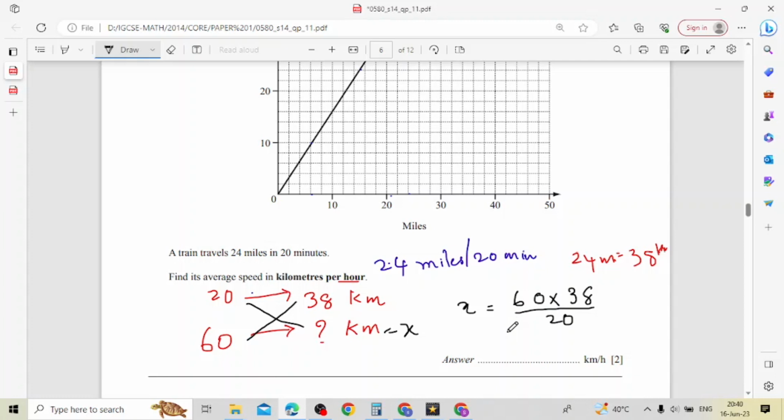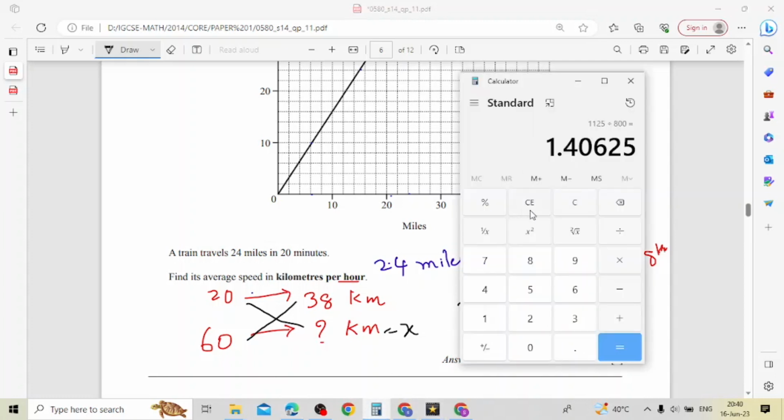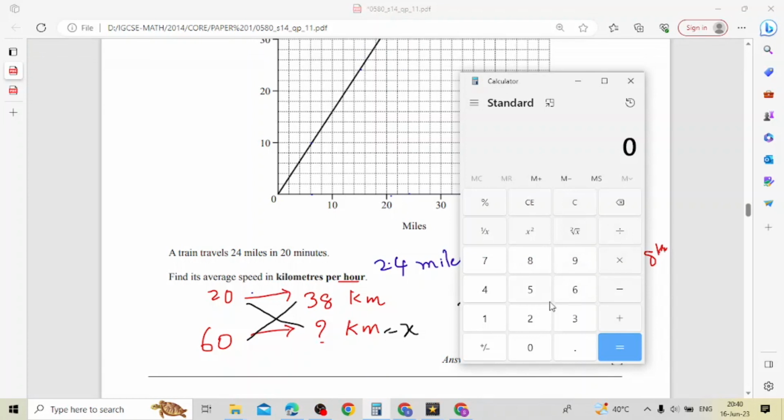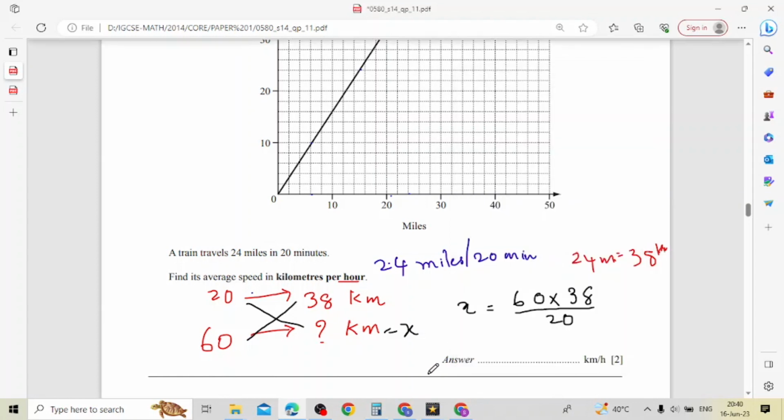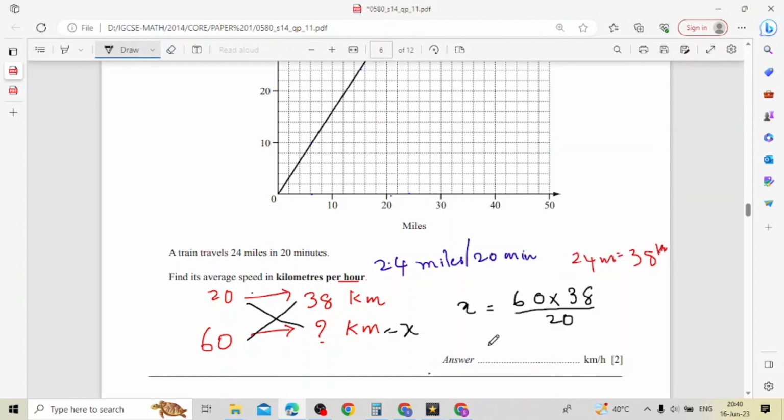If you try to solve it using a calculator, 60 times 38 is equal to 2280, divided by 20, it's 114 kilometers per hour. So here we write 114 kilometers per hour. Yes, here we have the unit for it.